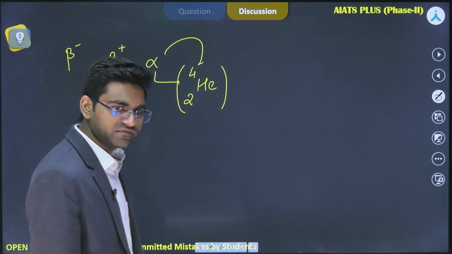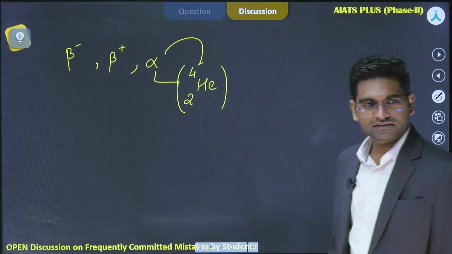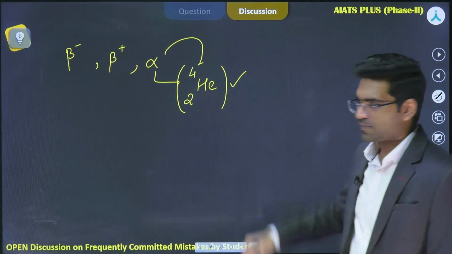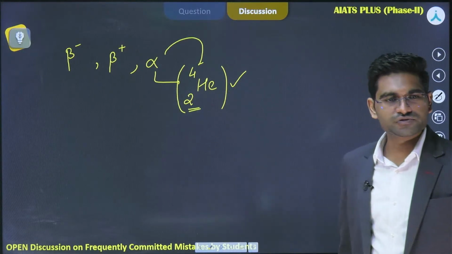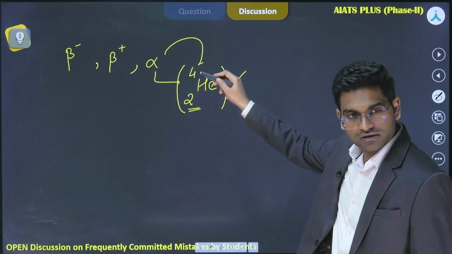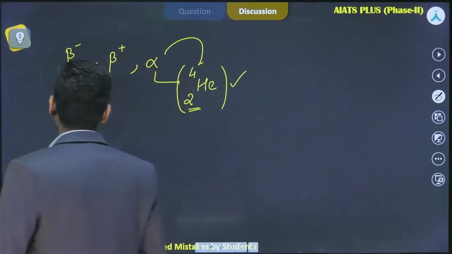So if some nucleus emits an alpha particle, its atomic number will be reduced by 2 and its mass number will be reduced by 4. For example, let's take a reaction.